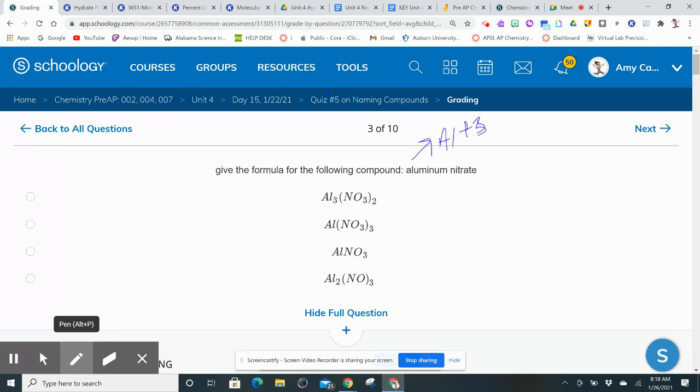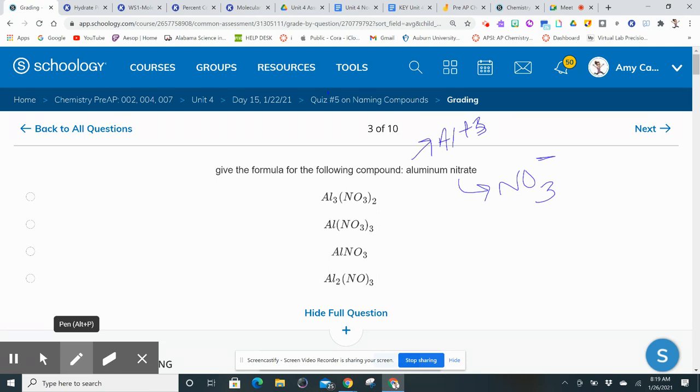There's no chart to look at. You just got to memorize it. Nitrate is NO3. Okay? And you also have to memorize the charge on it, and it's a -1 charge. Okay? And that stays the same all the time. It never changes no matter what. Nitrate is NO3, and it's a -1 charge. That's why it's easier just to memorize it.